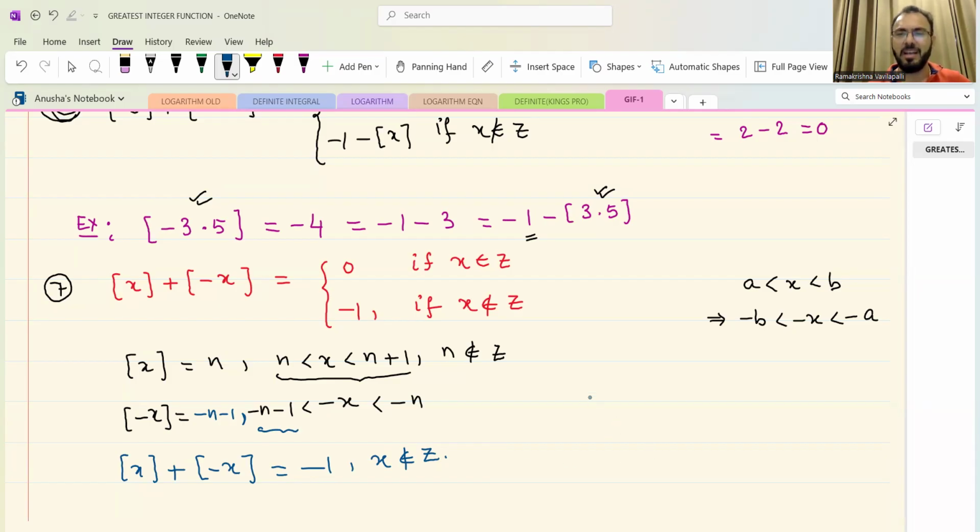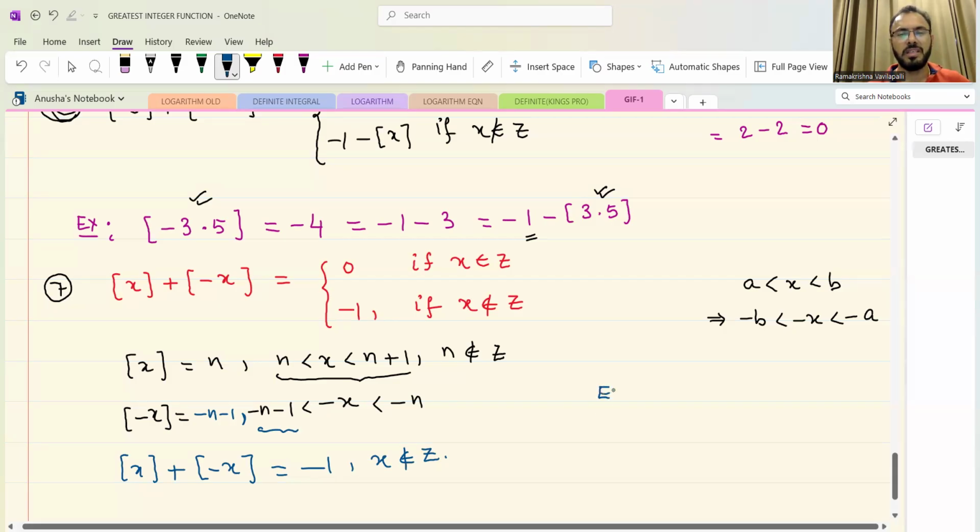Well, I'll give you an example. Suppose x not equal to n pi by 2, where n is an integer.